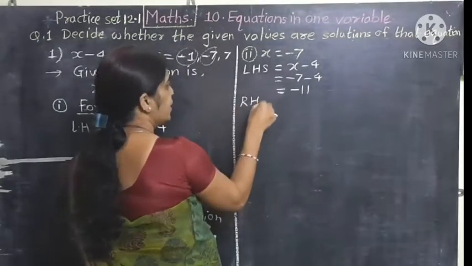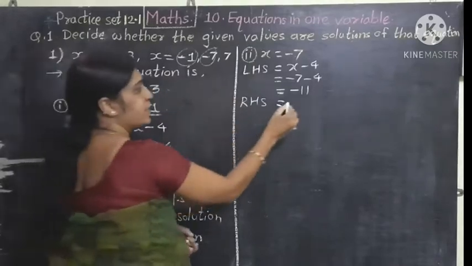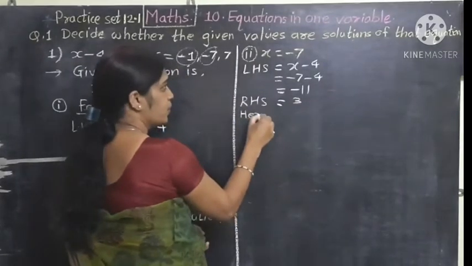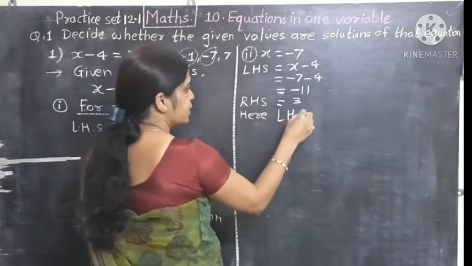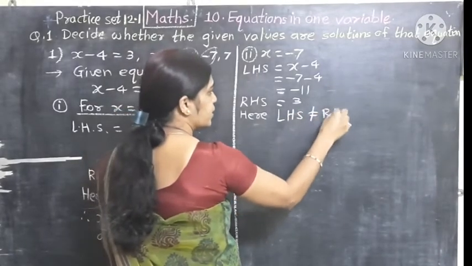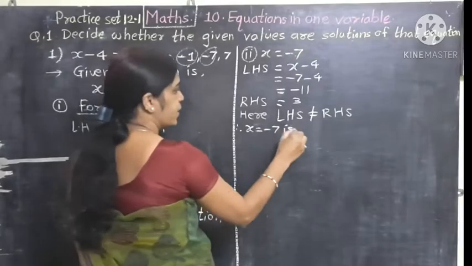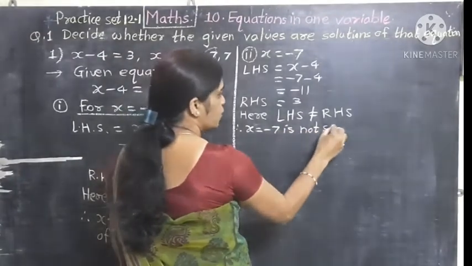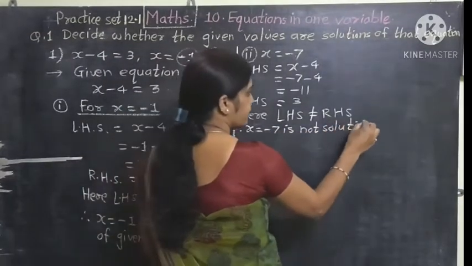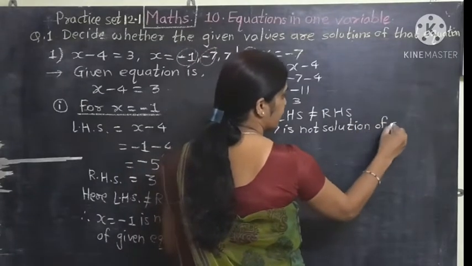And RHS is here 3. Here also LHS not equal to RHS. Therefore, x is equal to minus 7 is not solution of given equation.